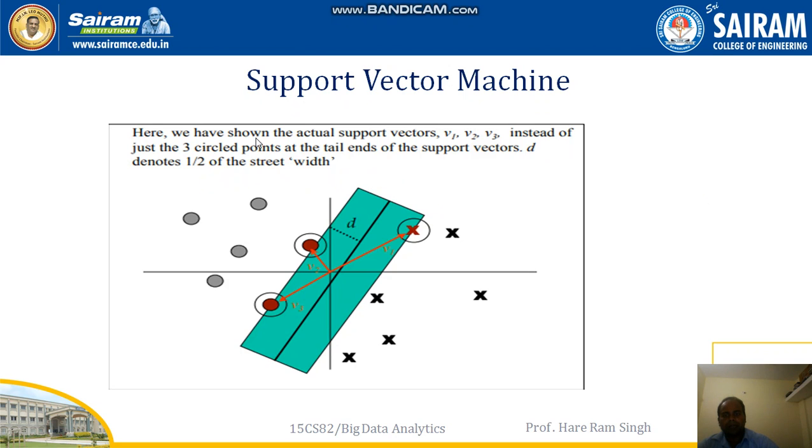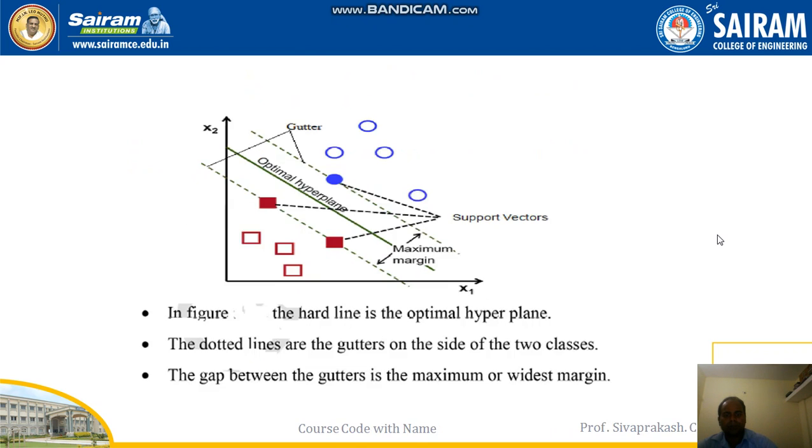Now here we have shown the actual support vectors v1, v2, v3 instead of just three circle points at the tail ends of the support vectors. D denotes half of the street. This is the total street width and D is half of the total street width.